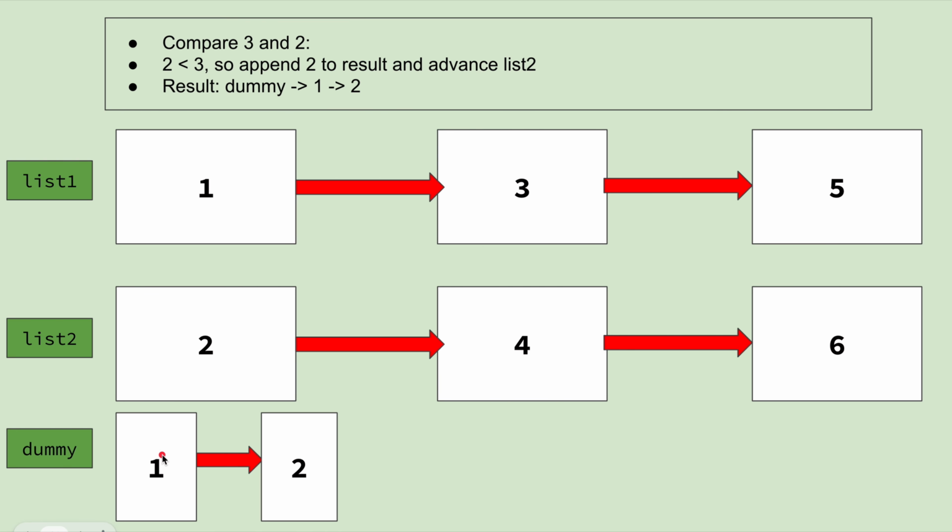Okay, further we'll compare 3 and 2. Once 3 and 2 are compared, we see 2 is the smaller one, and so we will append this 2 to the dummy head. So dummy already has one node, and then we have another node.